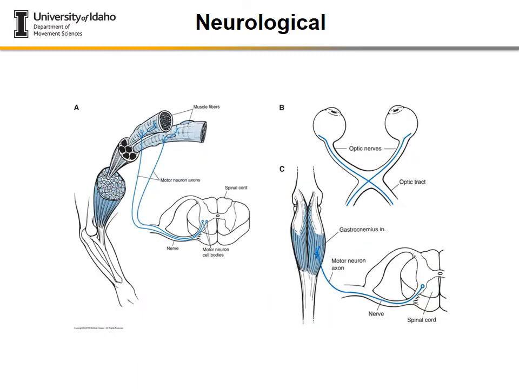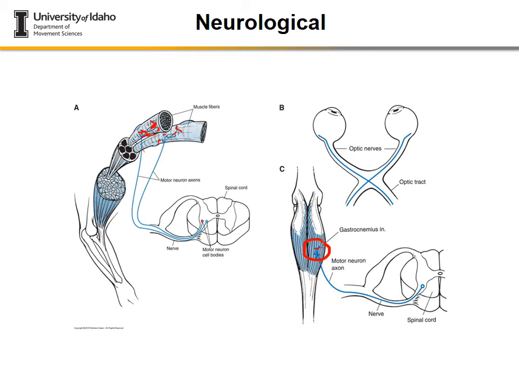Here's a quick depiction of the interaction between the nerve extending from the spinal cord, the neuron, connecting with the muscle fiber. If you look at the gastroc here and the brachioradialis, you'll see that the dendrites branch out and connect at the axon terminal with multiple muscle fibers in each, the gastroc and the upper arm.